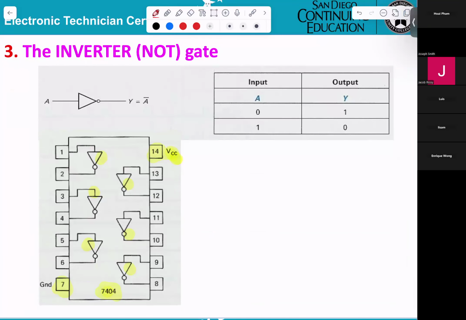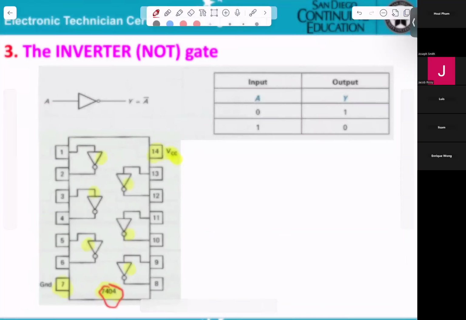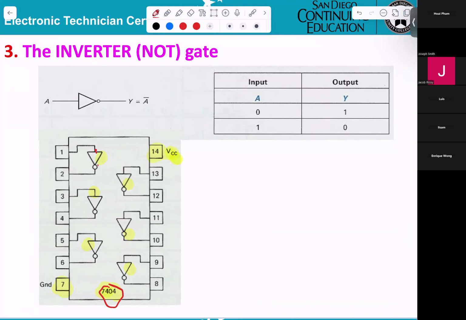Okay, this is easy. Inverter. Okay? Part number here, 7404. Inside the chip, 1, 2, 3, 4, 5, 6 gates. Pin 1 input, 2 output. Okay?